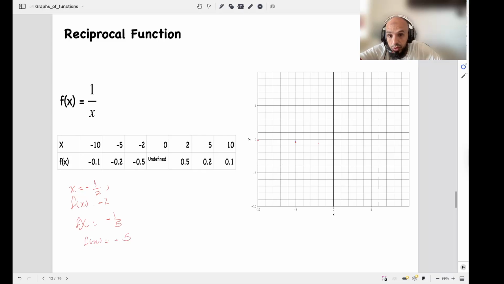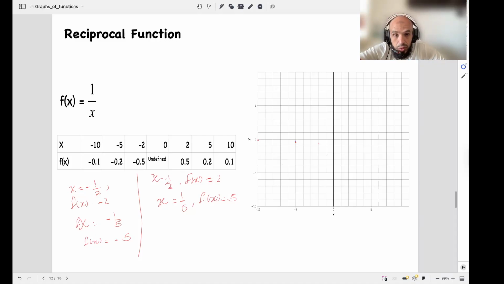And the same for the positives, the opposite, the negative of these numbers. When x is equal to half, f of x is equal to 2. When x is equal to 1 over 5, f of x is equal to 5. Okay, so we are completing the table by adding new values.